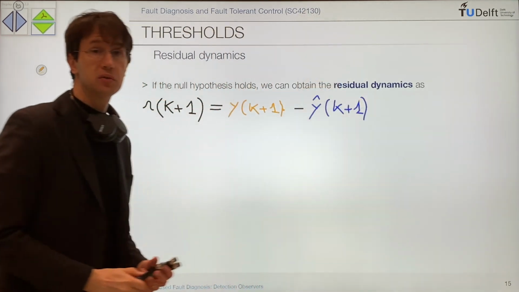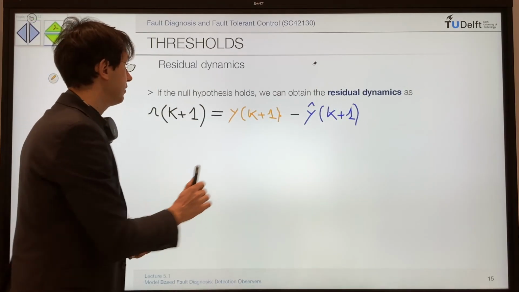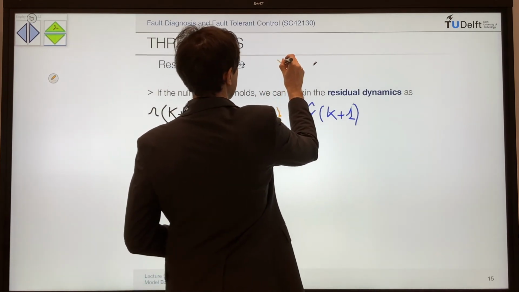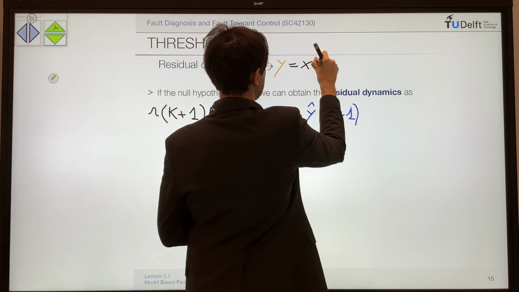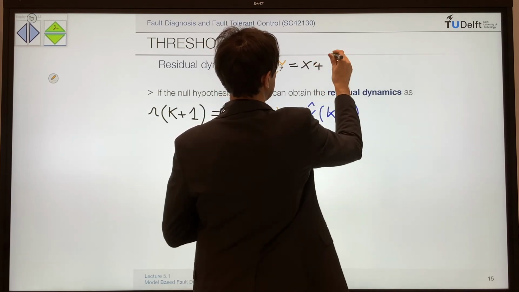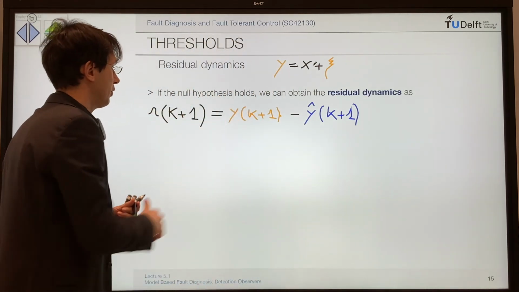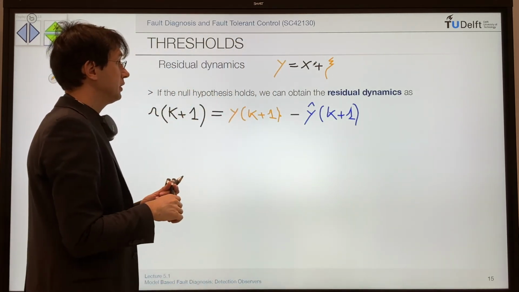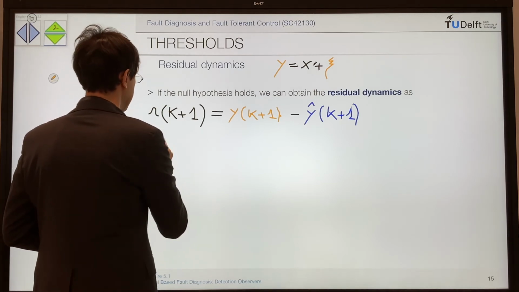And now what we can do is to expand this. Now we need to remember that the measurement equation is simply y is equal to the state plus the uncertainty on the measurement xi. So we can expand this output equation here. So what we have is the next line.